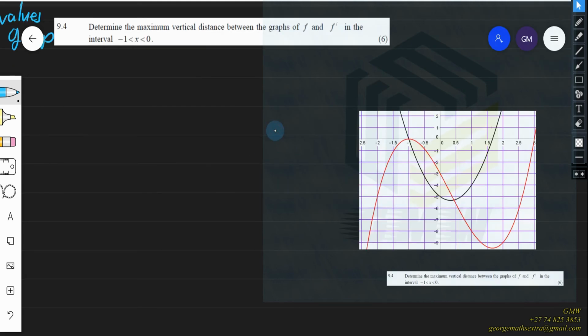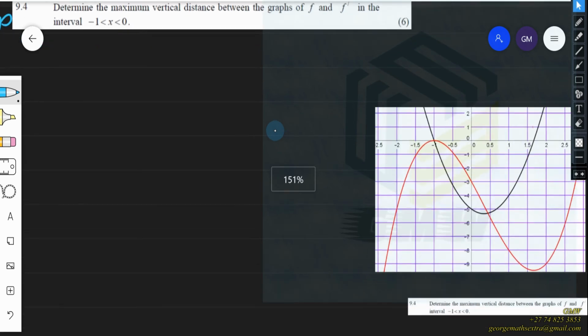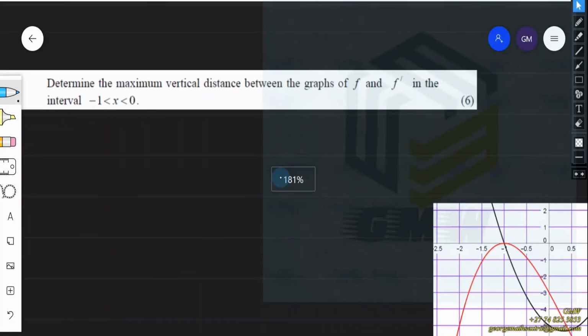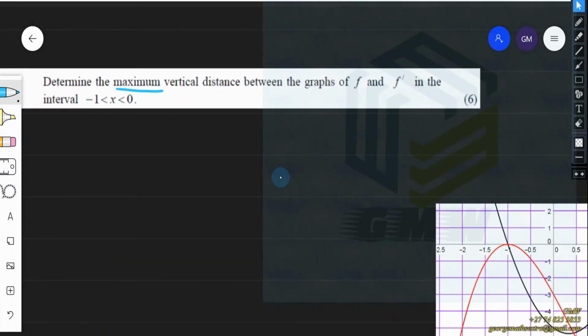Now, answering the last question, it says determine the maximum. Whenever you see these words, you should remember also that they lead to first derivative equals 0. The maximum vertical distance between the graphs of f and f prime.